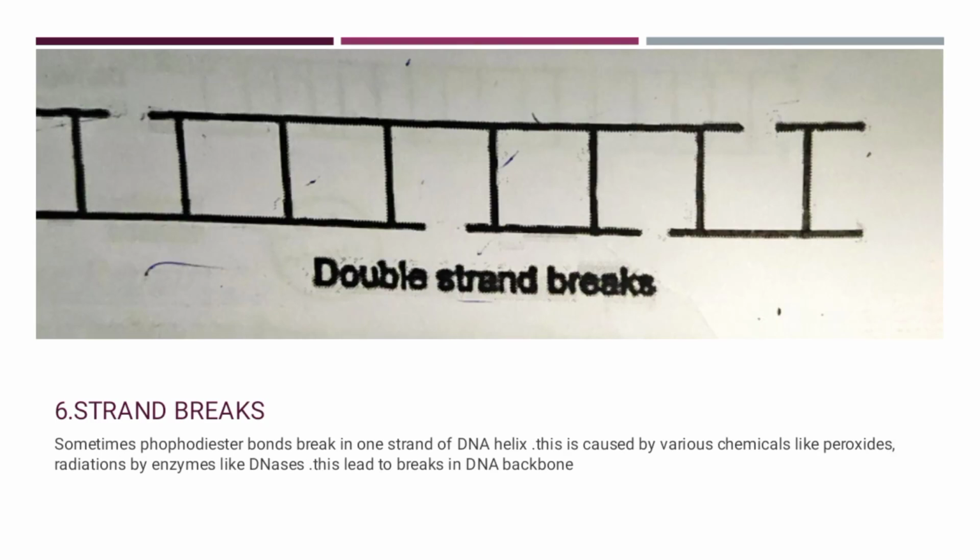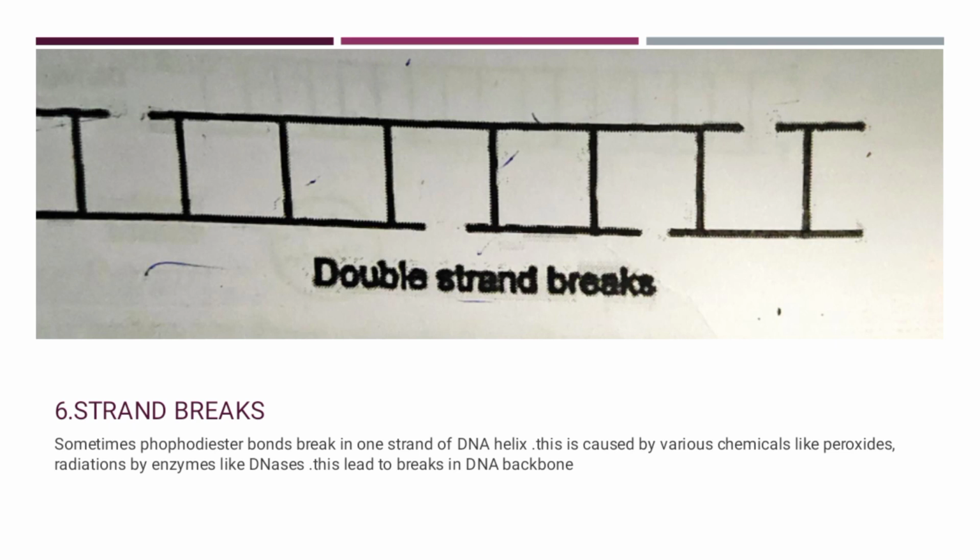And sixth one, strand breaks. Sometimes the phosphodiester bonds break in one strand of the DNA helix, and this is caused by various chemicals like peroxides, radiations, and enzymes like DNase.